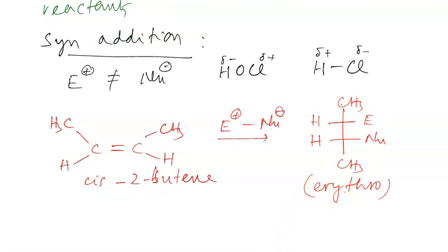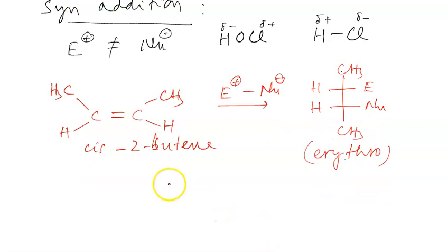We know when two hydrogen atoms are on the same side, it is called erythro. From saccharides the name has come, erythro sugar and threose sugar. When two hydrogen atoms are on the same side, the sugar is known as erythrose sugar, and when two hydrogen atoms are on opposite sides, they are known as threose sugar. Here the two hydrogen atoms of these two adjacent chiral carbons are on the same side, therefore it is known as erythro.